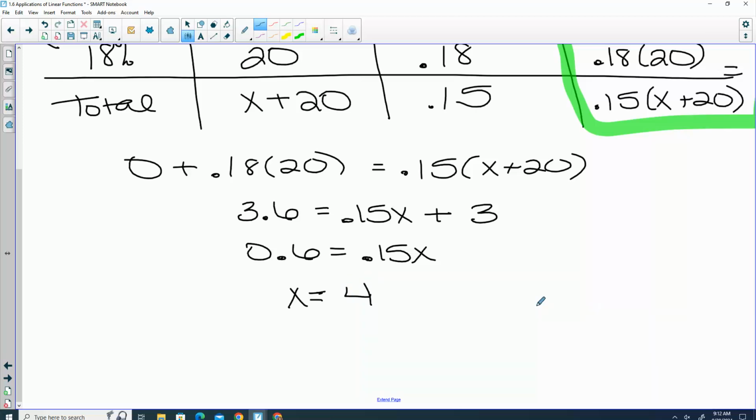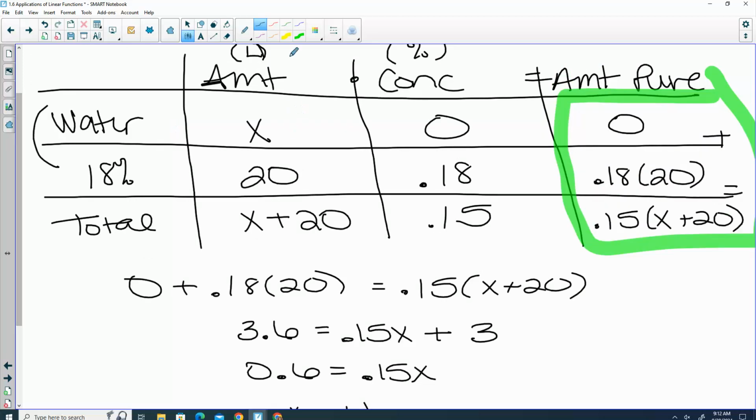So the question was, how much water? X was my amount of water.